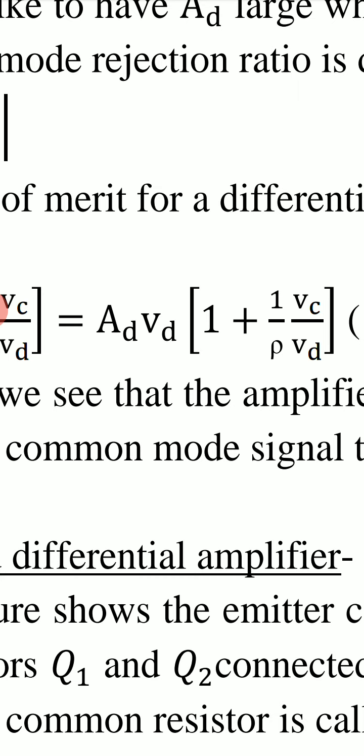We can consider Vc upon Vd in numerator and rho in denominator. So rho must be large compared to numerator, that is Vc upon Vd, that is ratio of common mode signal to difference signal.